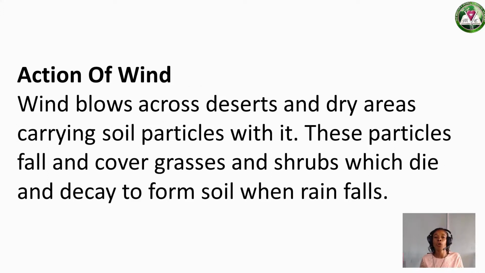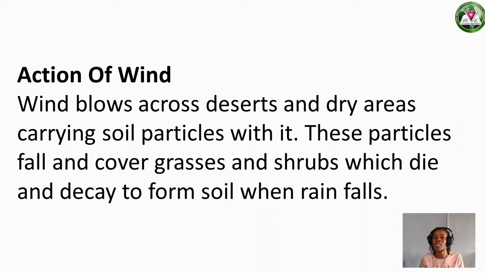Wind blows across deserts and dry areas, carrying soil particles with it. It can even carry something from our school gates down to the inside of the school premises. It can carry from as far as that school gate inside there. That's the action of wind.